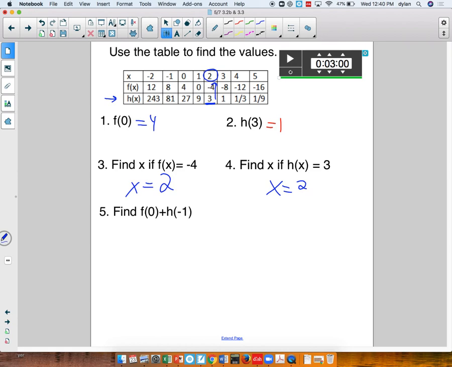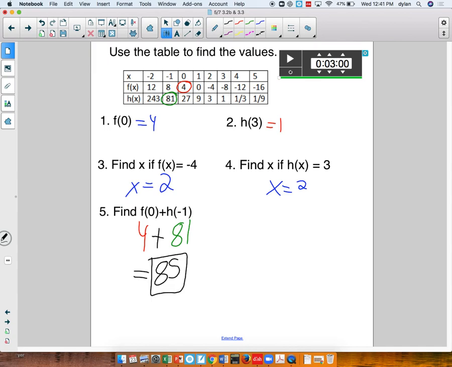And then finally, find f of 0 plus h of negative 1. Well, if I look on here, f of 0 is 4, and h of negative 1 is 81. So if I add those two together, the result would be 85 for that problem.